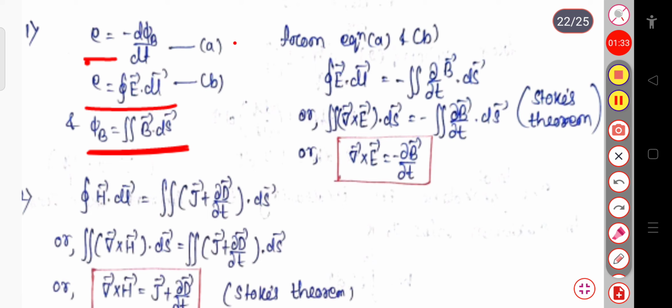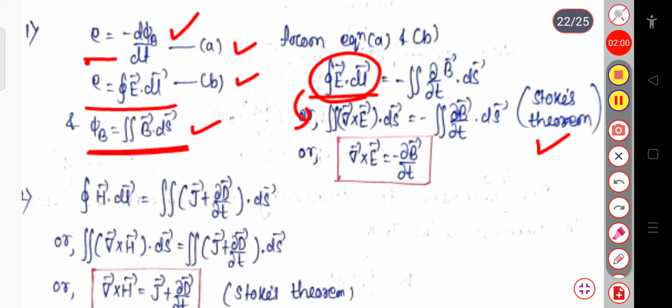From equations A and B, if I compare them, the line integral of E dot dl will be equal to, in place of phi, substituting the value of B dot ds, minus the surface integral of dou by dou t of B dot ds. And again, this line integral can be expressed in terms of Stokes theorem, that is, the line integral of E dot dl equals the surface integral of del cross E dot ds.